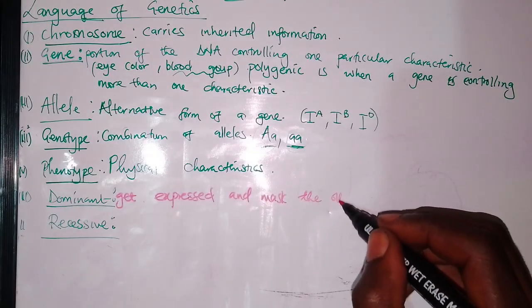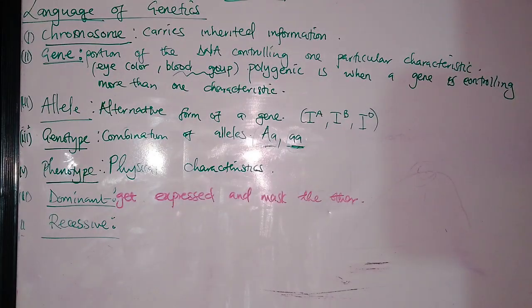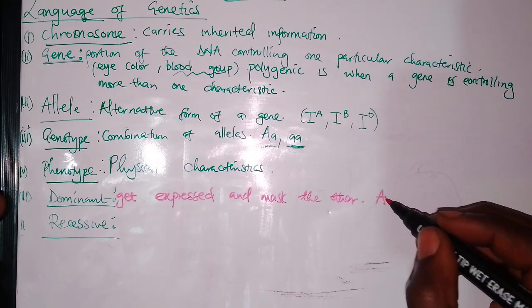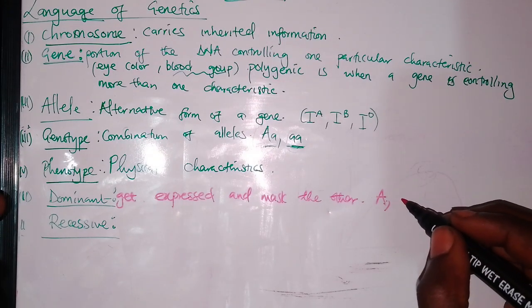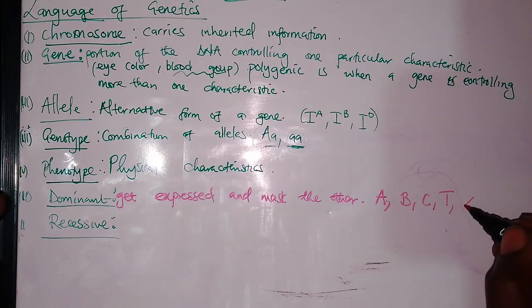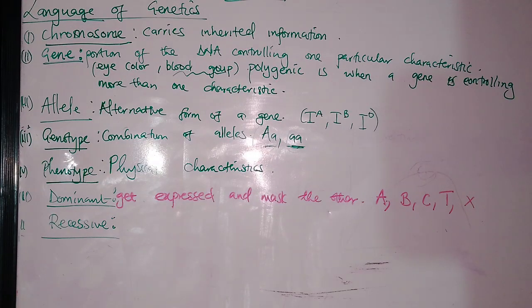Meaning a dominant allele will always be expressed in a capital letter. So it can either be capital A, capital B, capital C, capital T, capital X. It will just depend on the letter you have been given. Just remember that a dominant allele is always expressed in capital letter.